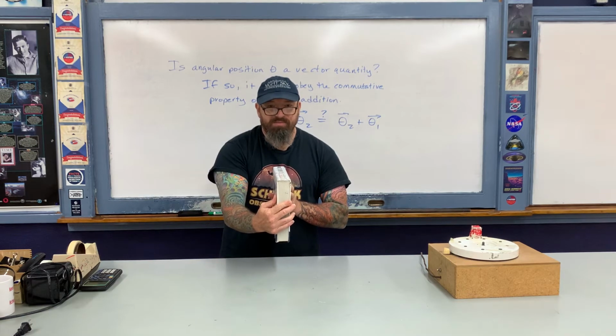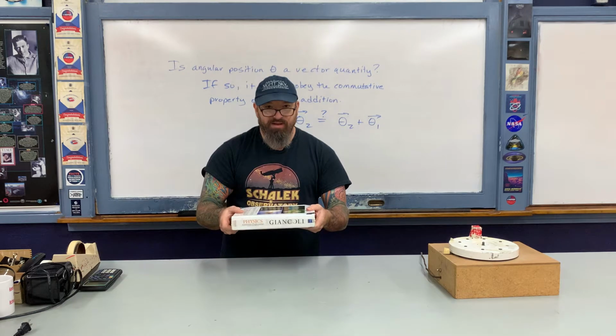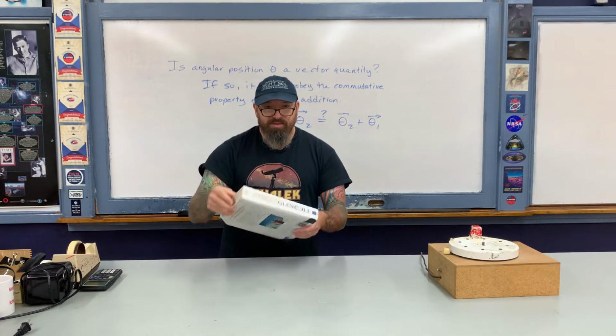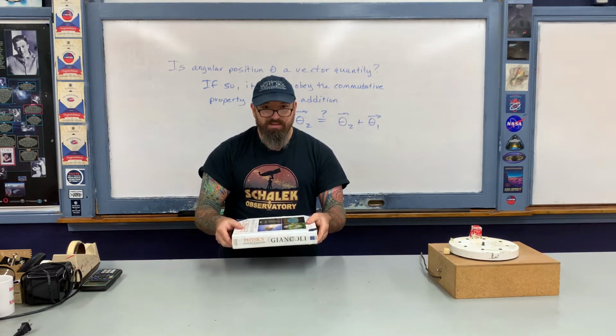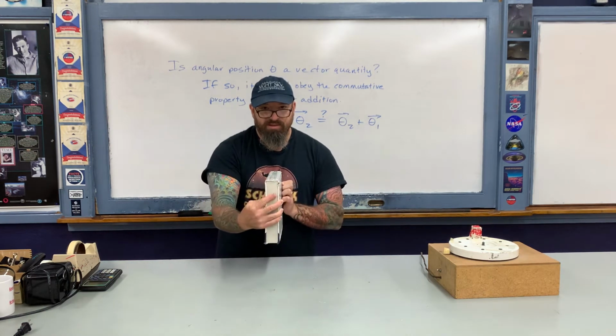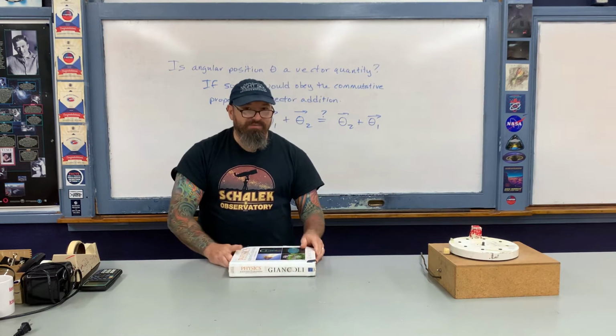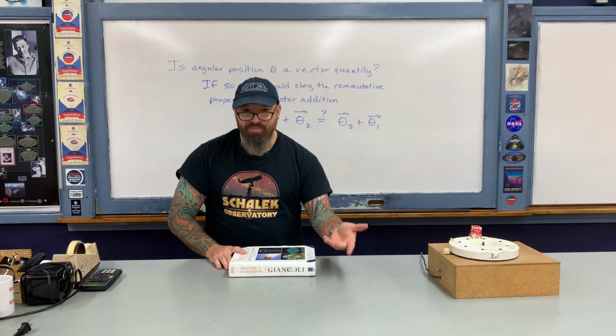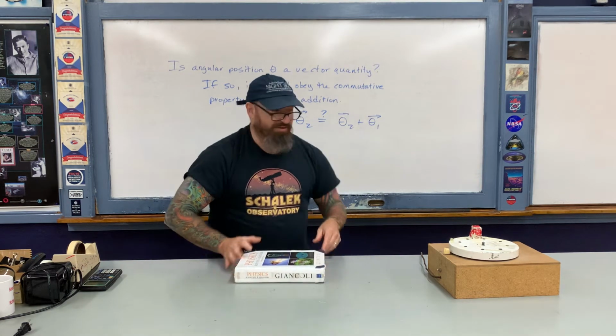Is this the same thing as what I did earlier? Once again, what I did earlier was theta 1 plus theta 2. But now what I'm doing here on the right-hand side of the expression is theta 2 plus theta 1. Is it the same? No, it is not. So therefore angular position cannot be a vector because it does not obey the commutative property of vector addition.